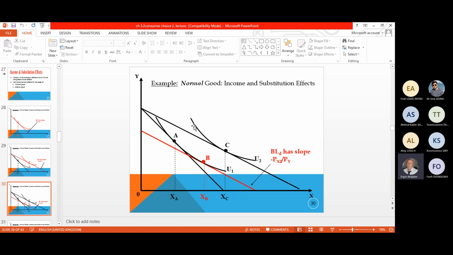The expected income increase is not realized on a different utility level, but it is represented on the same utility where it is shifted from A to B.